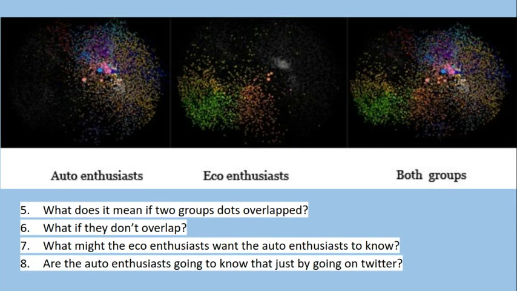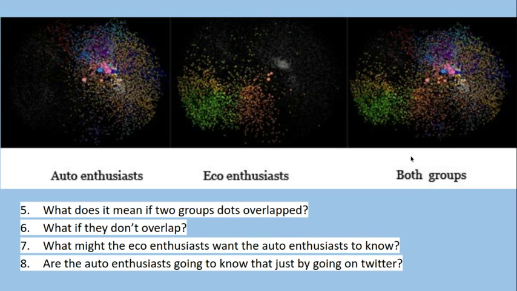Now, looking at both groups here, are the auto enthusiasts going to know what the environmental enthusiasts want them to know just if they look at Twitter? So we have our auto enthusiasts, we have our eco enthusiasts. If we look at both groups put in the same area, think about how much overlap is there from where the auto enthusiasts were to where the eco enthusiasts were.